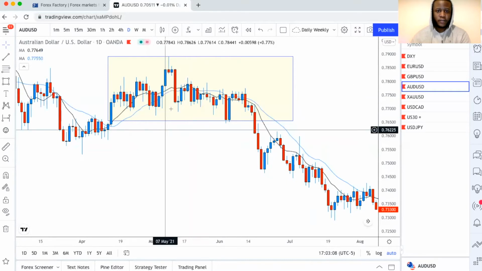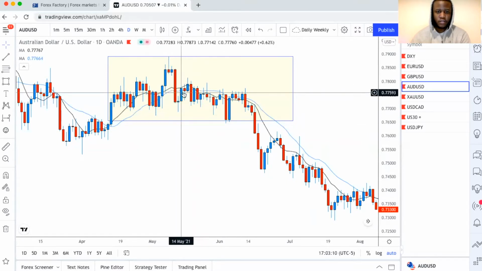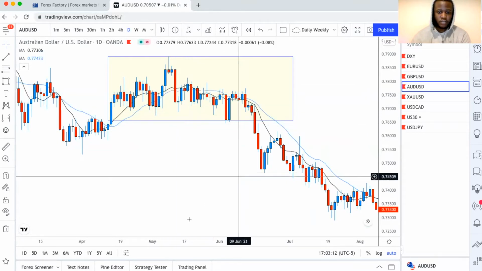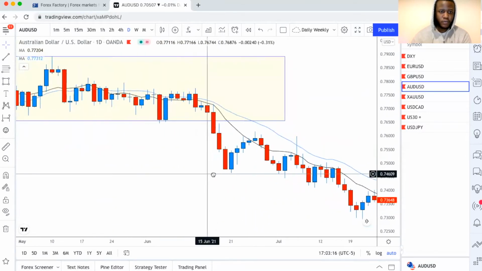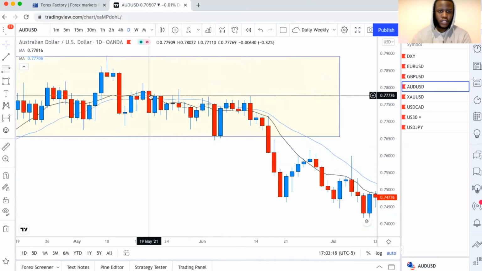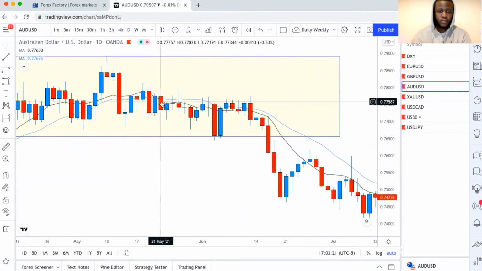So right here, at this point, once the moving averages cross over, right here, at this point, you can look for a sell.